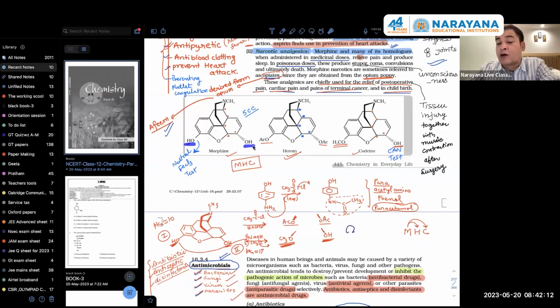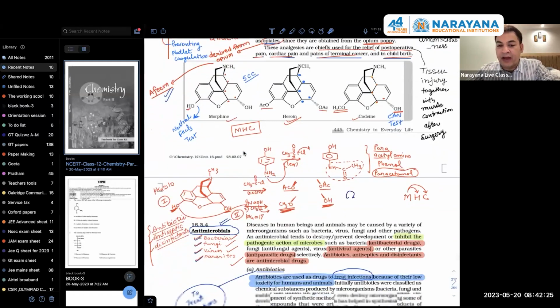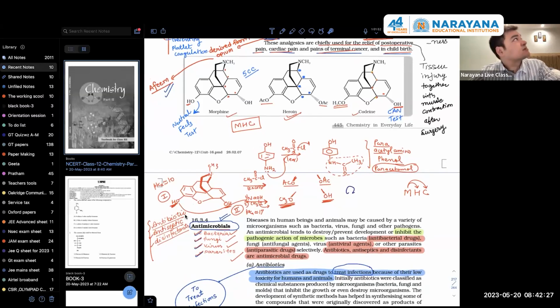This is a normal alcohol. Suppose this compound undergoes acylation, like CH3COCl acylation, with excess acetic anhydride, that kind of acylation. I am showing you here: this is a phenolic OH and this is a normal OH.